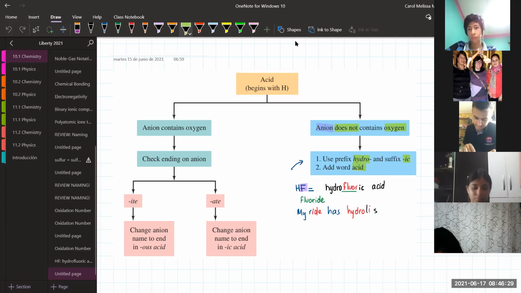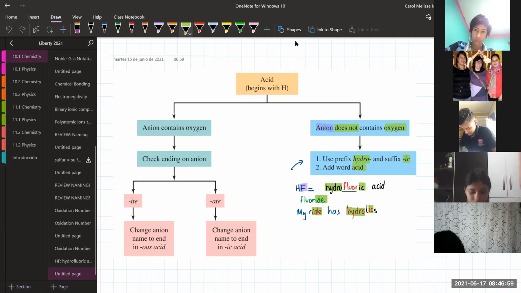As I told you, you can follow the chart or you can follow the mnemonics. In this case, it refers to the anion. If the anion ends in IDE, just like in fluoride, you need to include the prefix hydro and the suffix "ic". As you can see, both ways work very nicely.